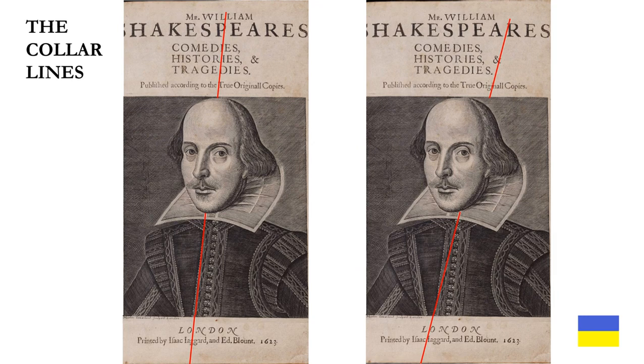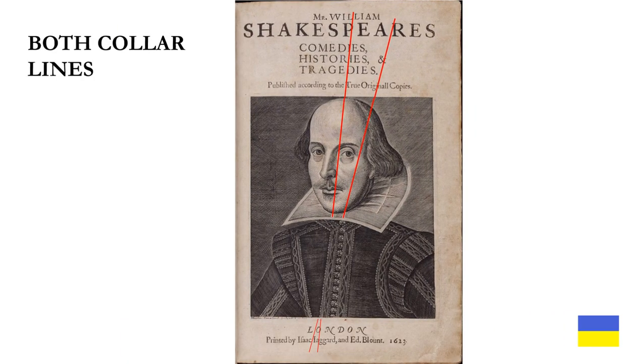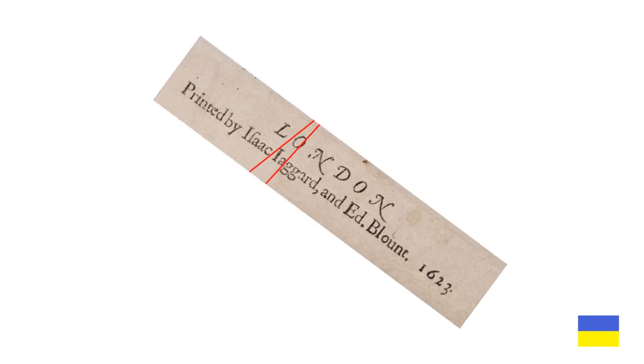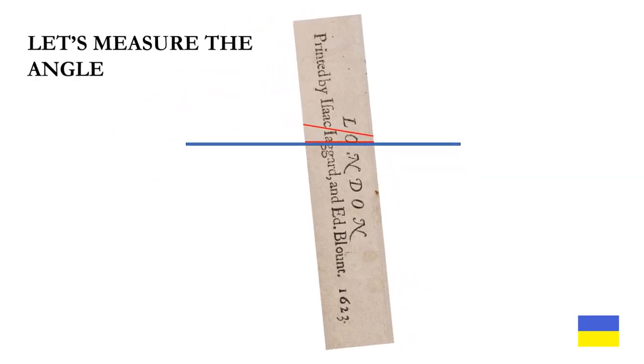So much for the collar lines. Now we put them together in both collar lines. Let's look at this a bit more, where they cross and separate at the bottom of the page. Let's measure the angle that they are separated by.